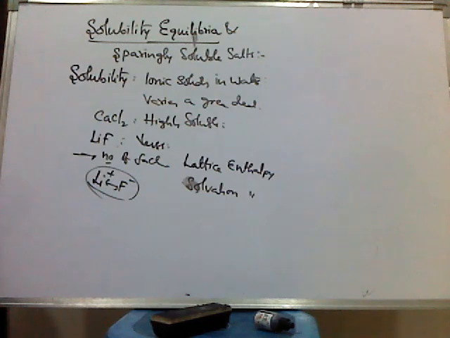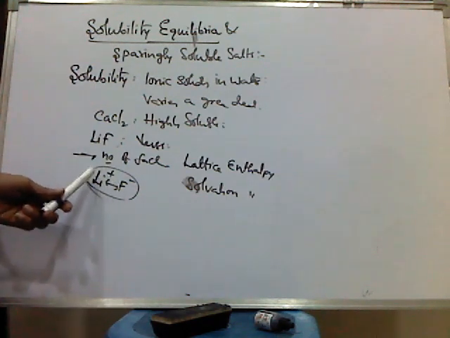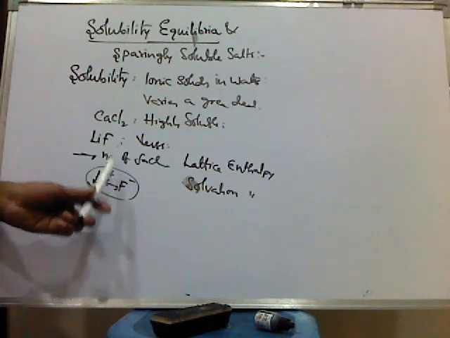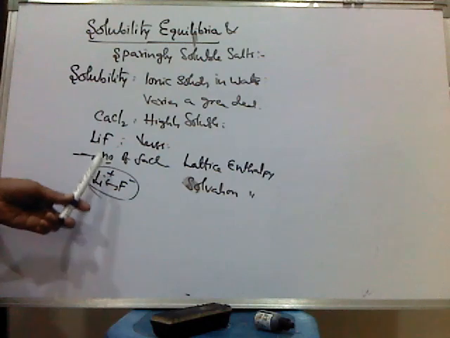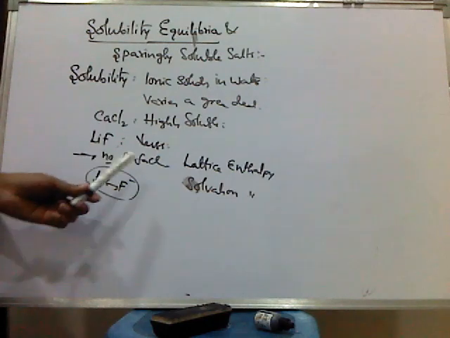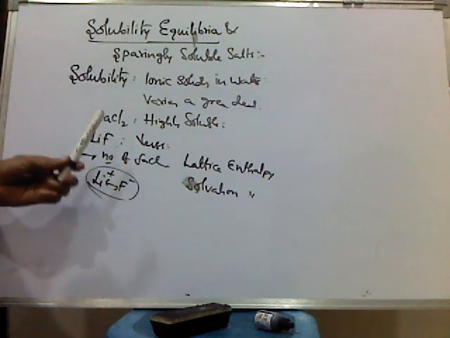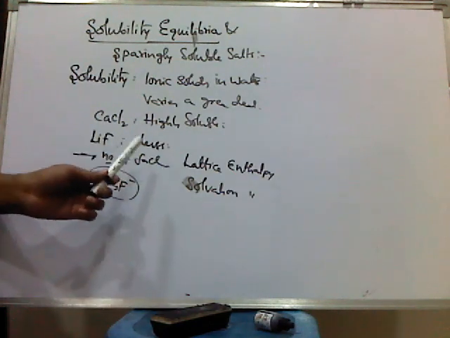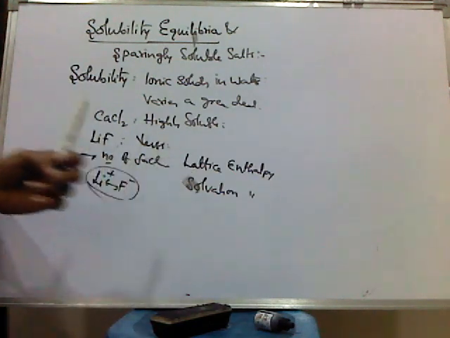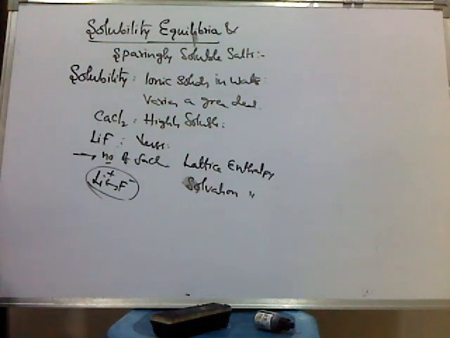The electrostatic attraction between the positive ion and negative ion in an ionic solid, we call it the lattice enthalpy. The second one is ionic solvation enthalpy. When dissolved in water, the ions dissociate and liberate energy.